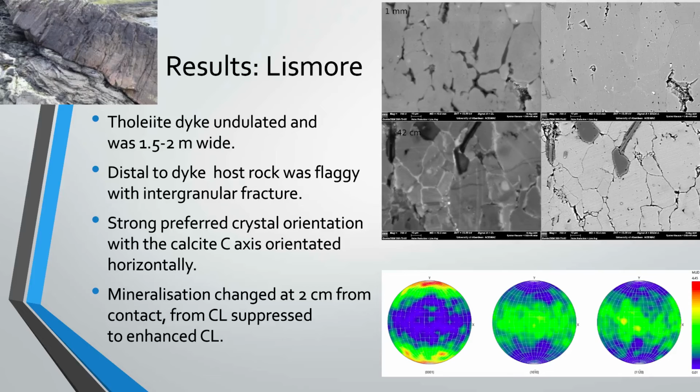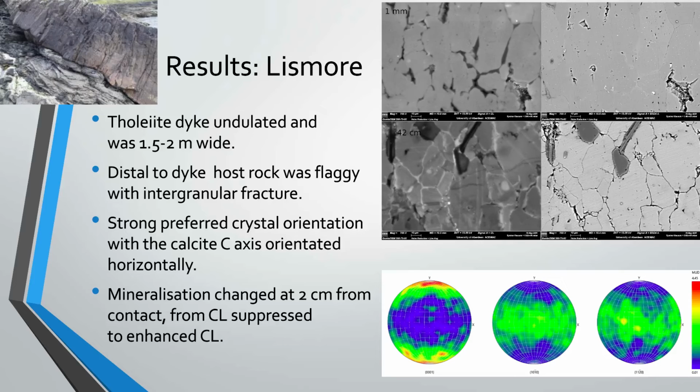There was a distinct change in mineralization at approximately 2 centimetres from the contact, with the transition from suppressed luminescence to increased luminescence within the mineralized calcites. Of the SEM images, the top row shows the CL and BSE images of microfractures at less than 1 centimetre from the contact, and the bottom row at 42 centimetres from the contact.